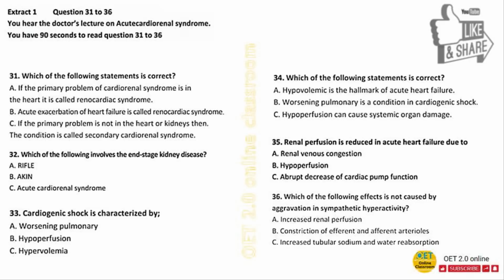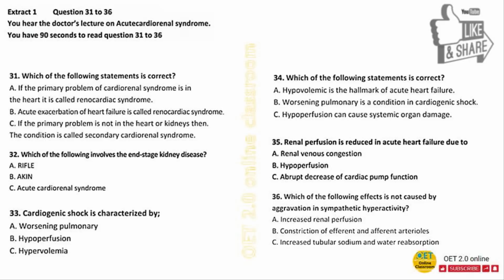Cardiogenic shock is characterized by an abrupt compromise in cardiac pump functioning resulting in global hypoperfusion that is severe enough to cause systemic organ damage. On the other hand, acute heart failure is defined as gradually or rapidly worsening symptoms and signs of congestive heart failure due to worsening pulmonary or systemic congestion.